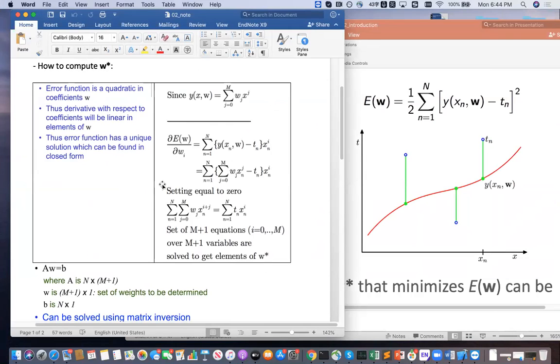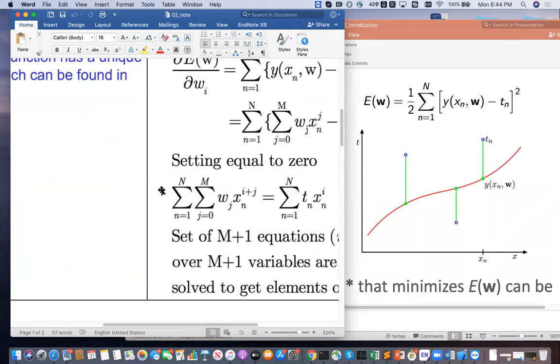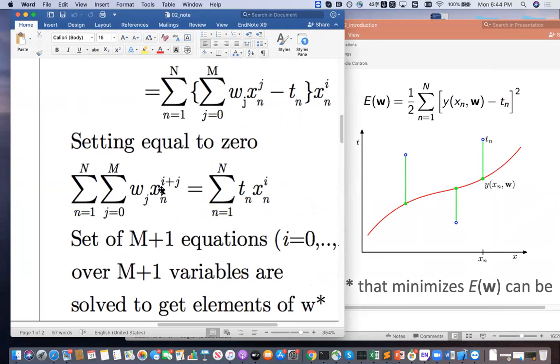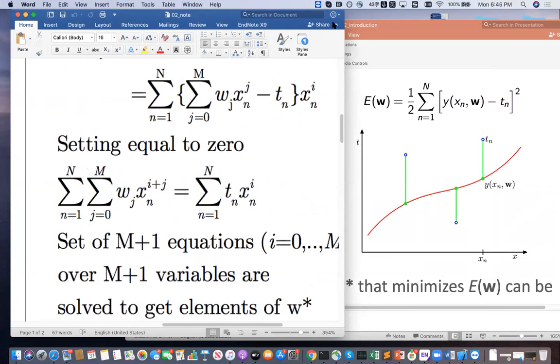Do you have n+1 terms on the right side also in this equation? What do you mean by n+1 on the right-hand side? For this equation, the right side should also have n+1 terms. You mean this one, the sum from 1 to n of tn xin on the right side?